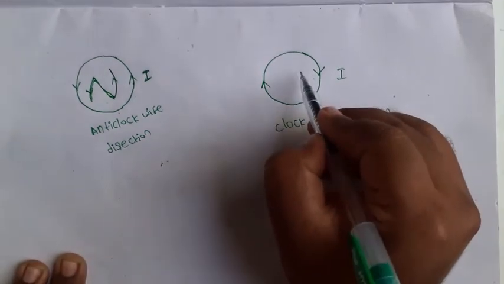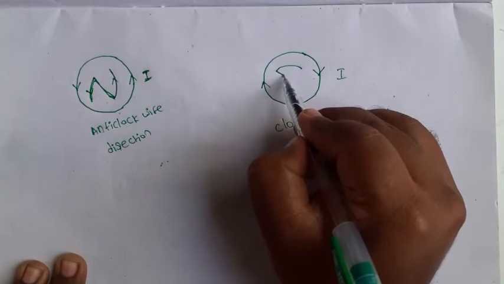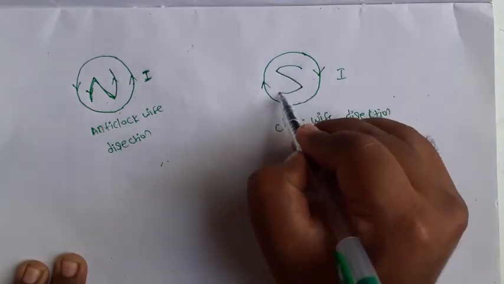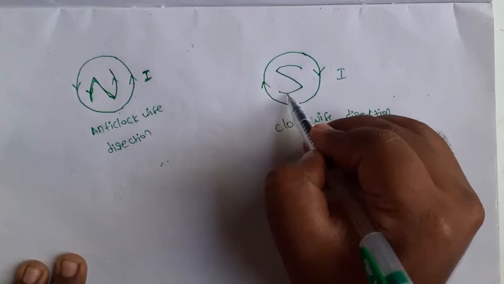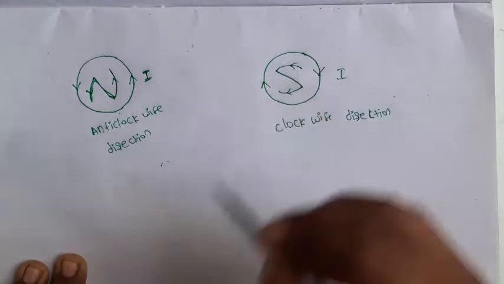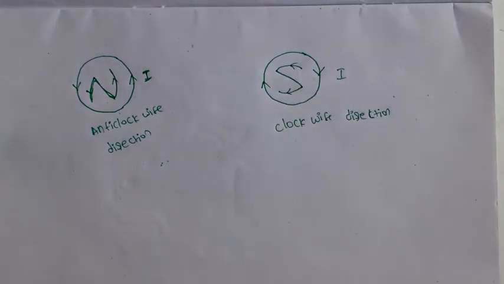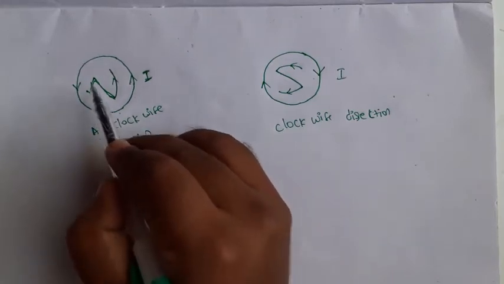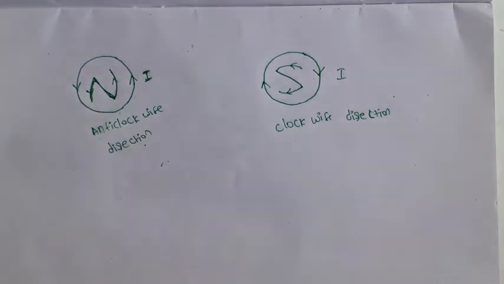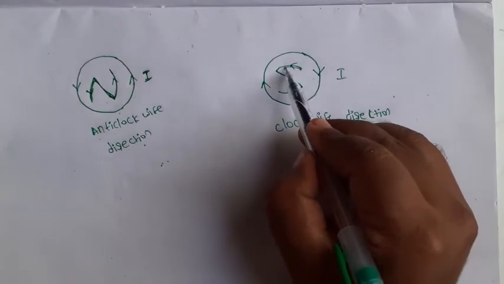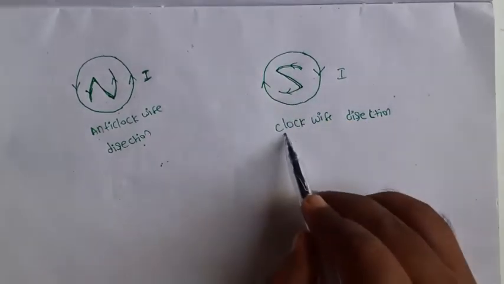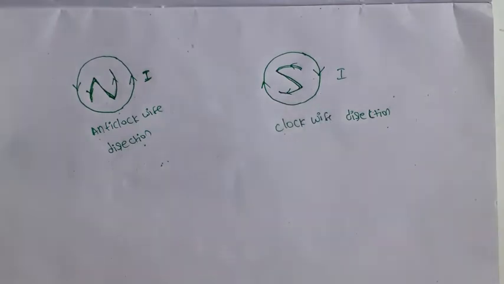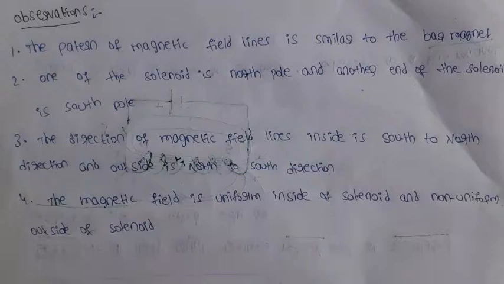Which pole is developed? South pole. When current is flowing in a loop in the anti-clockwise direction, at that point the north pole is developed. In any loop where current is flowing clockwise, at that point the south pole is developed.